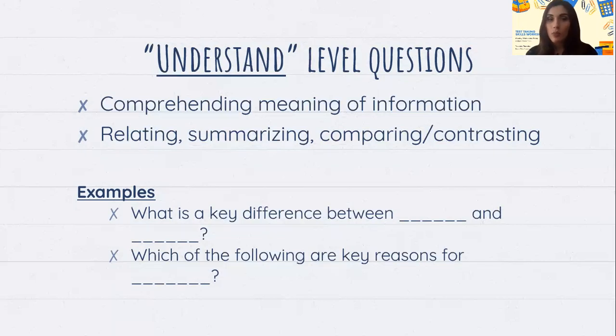The second example is, which of the following are key reasons for blank? This is really being able to summarize. It's not asking you to compare and contrast, but you do need to have a key understanding of whatever that blank is in order to talk about the reasons. But once again, you only need to recognize the answer from a list of choices.